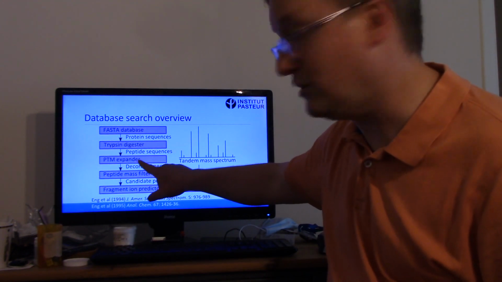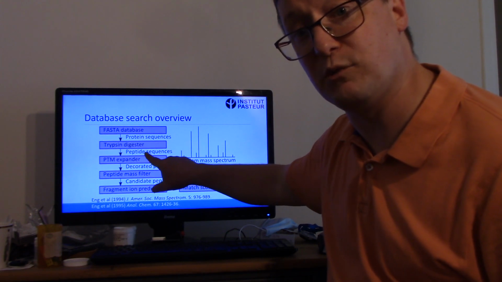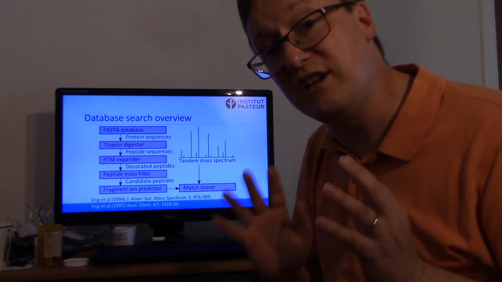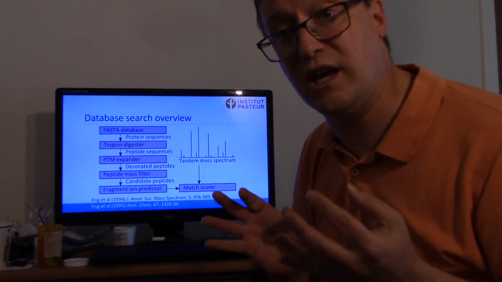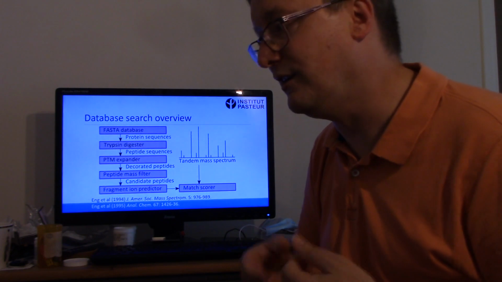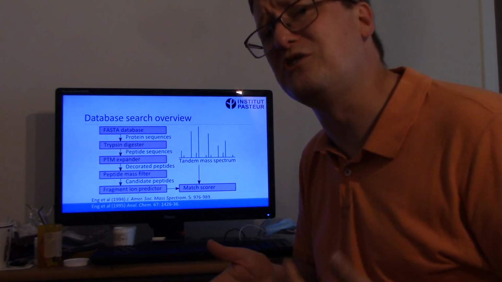PTM expansion allows us to ask which amino acids in these peptide sequences are allowed to be modified. The most common example of this is methionine. Because methionine appears in a lot of bench manipulations, it's exposed to oxygen rather a lot.